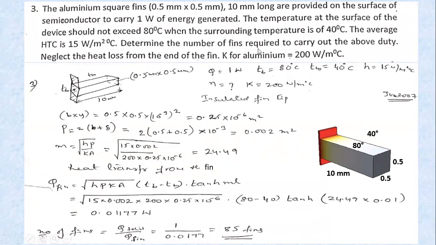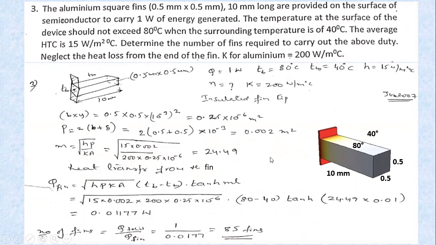Determine the number of fins required to carry out the above duty. See, since in this case he has given the total amount of heat which is generated, it is 1 watt. And using this fin, we have to find out how many fins are required to carry this amount of heat which is generated.